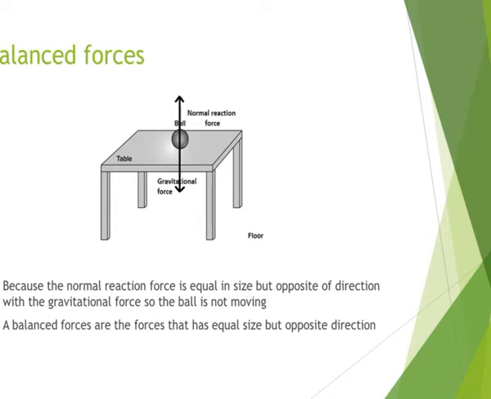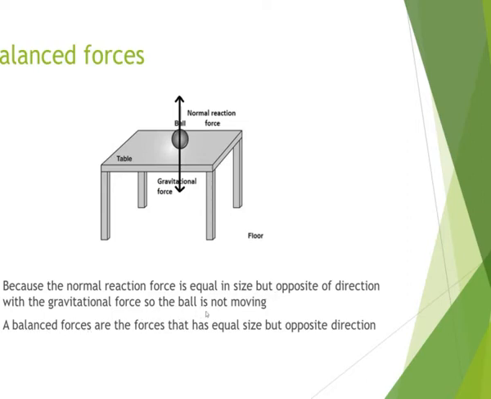If I put any object on a surface, there is a force exerted by the surface on this object called the normal reaction force. Because the normal reaction force is equal in magnitude but opposite in direction to the gravitational force, the ball is not moving.